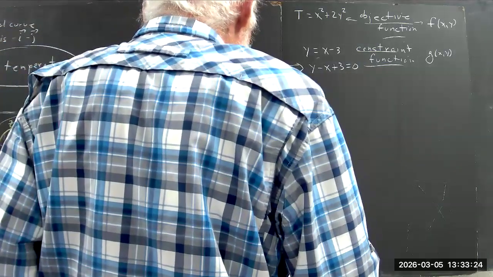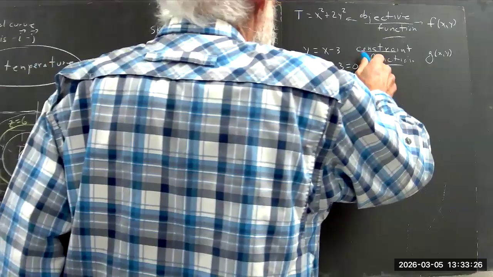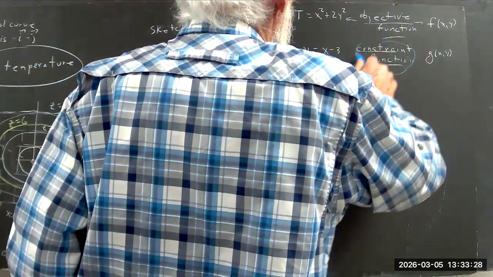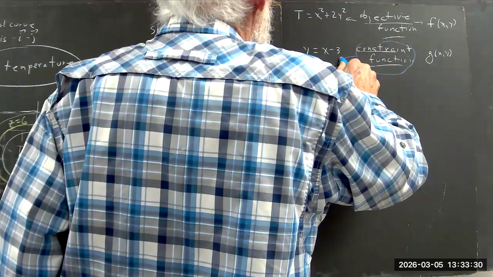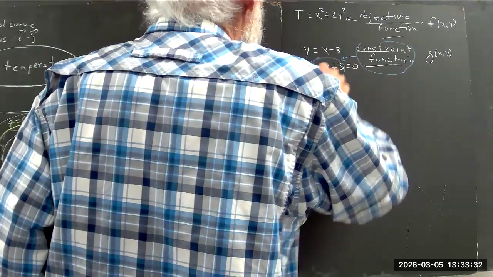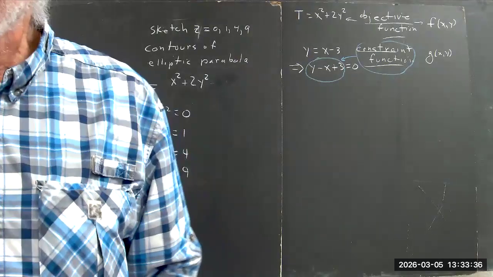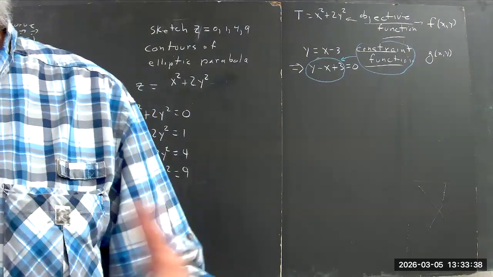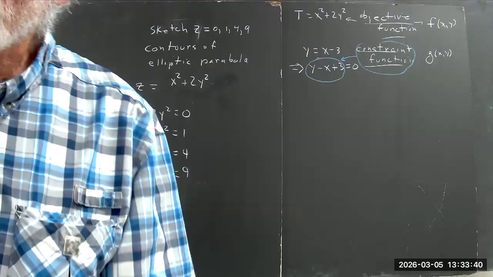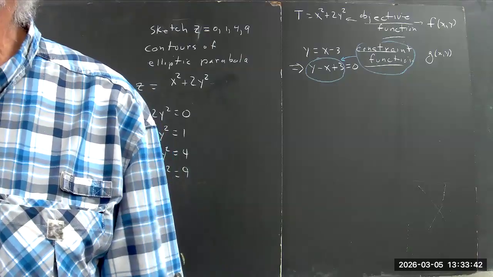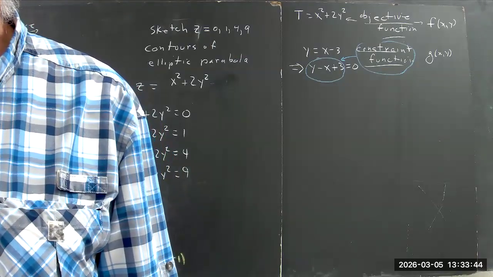So the constraint function is y minus x plus 3. Whatever the constraint function is, it might be on two sides of an equal sign. Bring it over onto one side of the equal sign and make it 0. Okay?